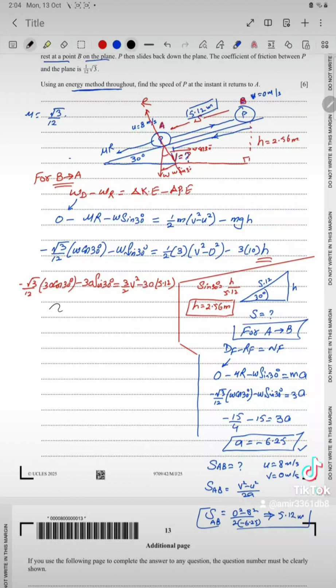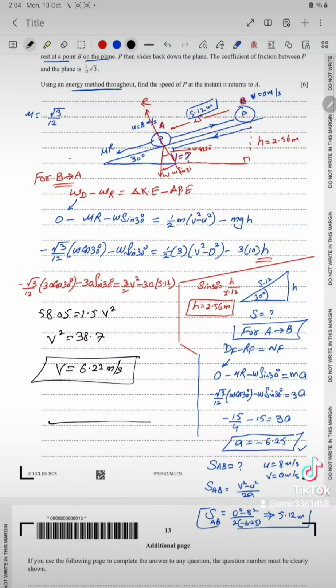So simplify now. We have 58.05 is equal to 1.5 v square. So v square will be 38.7. So v will be 6.22 meters per second. And this should be the final answer of this question.